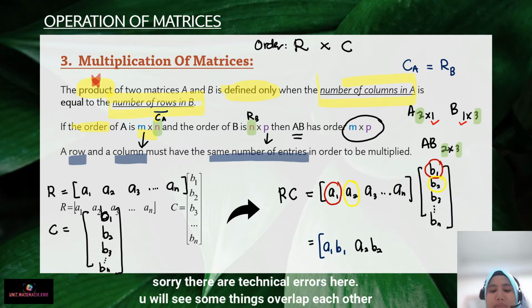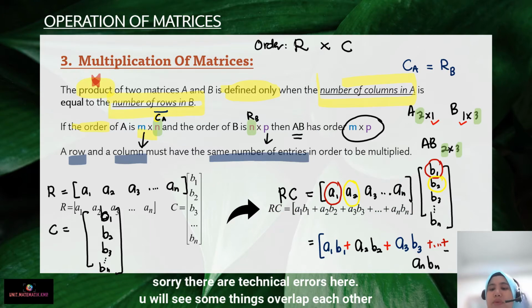When you multiply, in between the values that you get, you add. Next you have A3 multiplied with B3, and at the end, you have An multiplied with Bn.